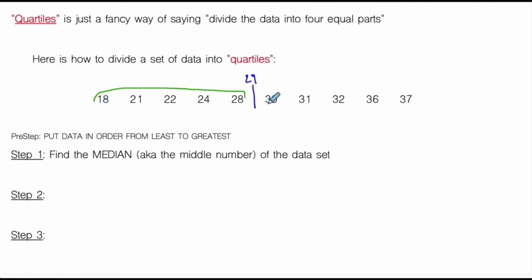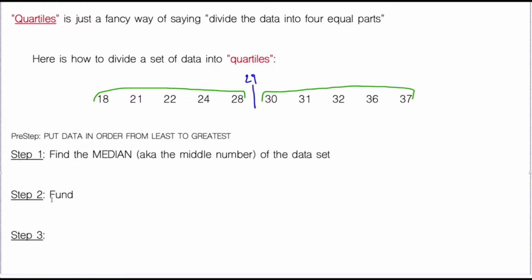And then we have a lower set of data and an upper set of data, all centered around our median. So a lower and an upper half. The second step is to find the median of the lower half of the data.